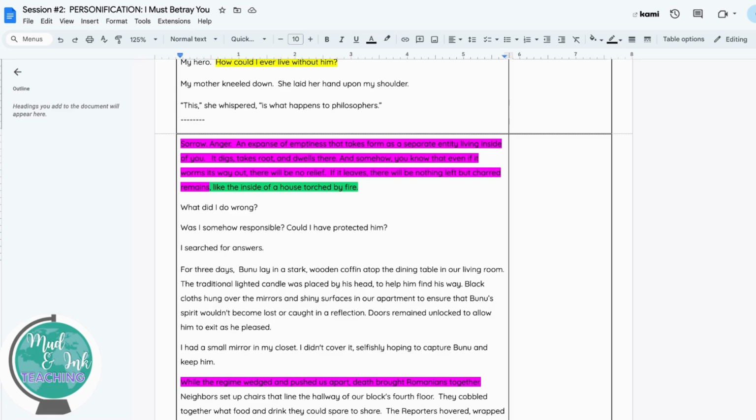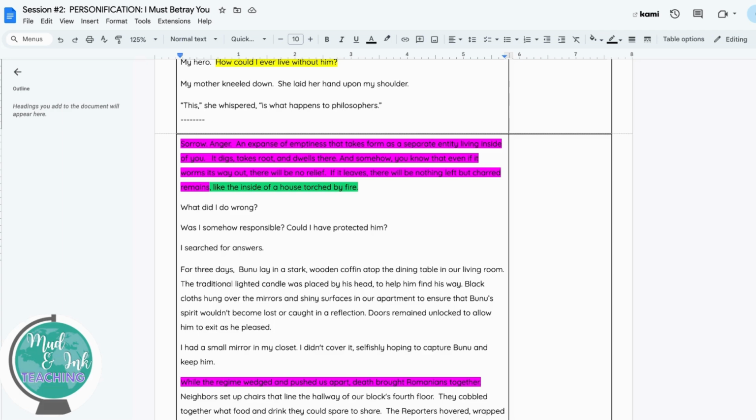I love this use of personification here. This to me is the perfect example of showing the difference to students between making a comparison and using personification. The author doesn't write that the character felt sad or that he was as sad as something else.